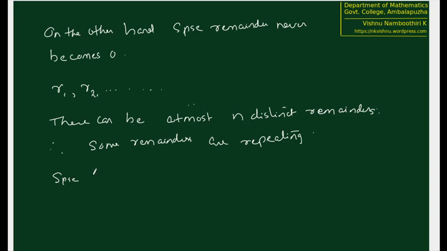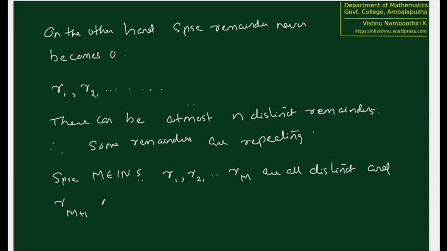Suppose m is a natural number such that r1, r2, etc. up to rm are all distinct, and r(m plus 1) is one of the previous remainders.